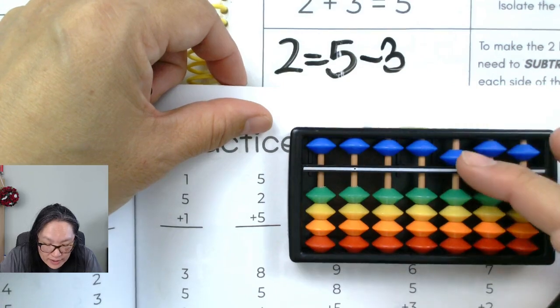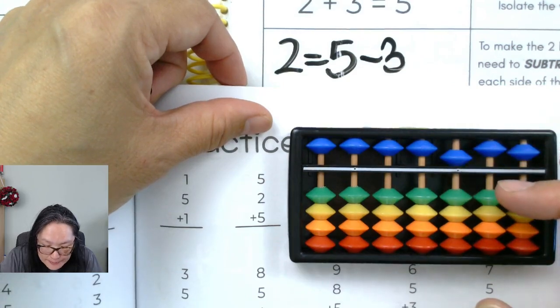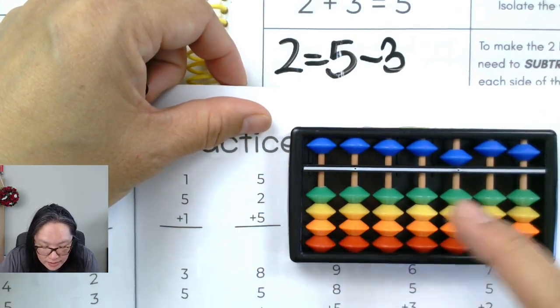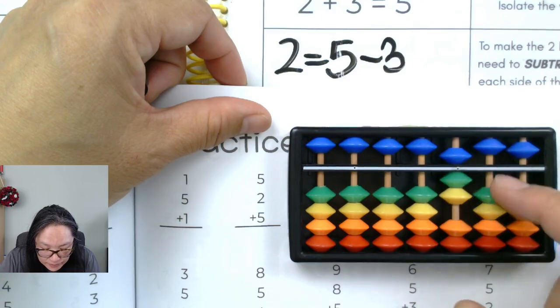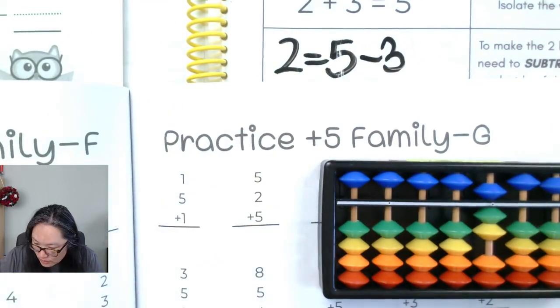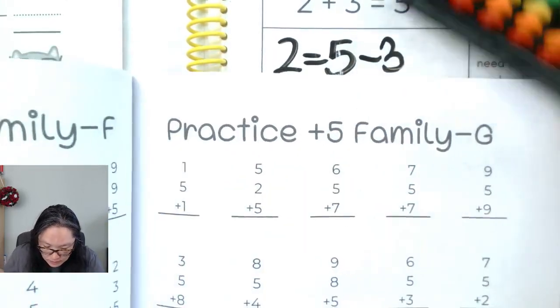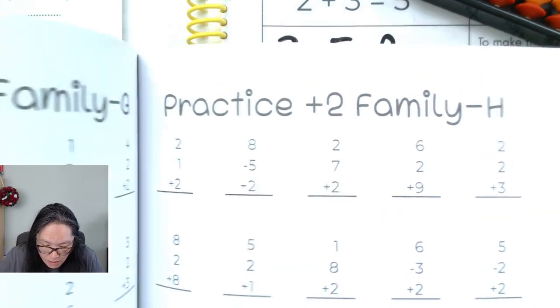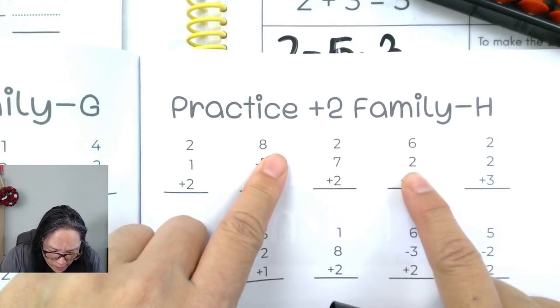So I'm going to add the 5. Oh no, I can add the 2 here. Sorry. Can I add the 2? Yes, I can add the 2. That's the wrong one. I have to find another one. Oh, here, maybe I find it over here. Add the 2.